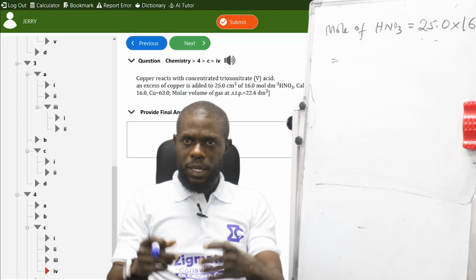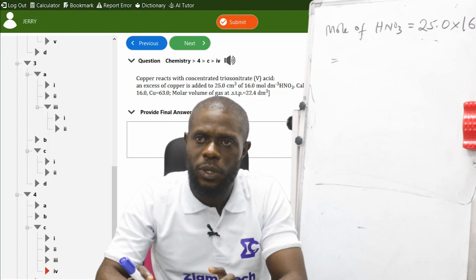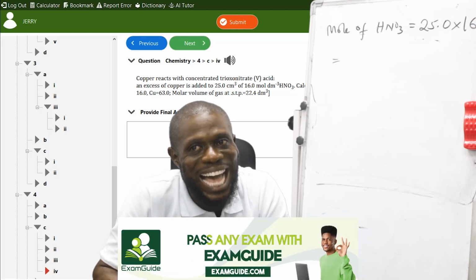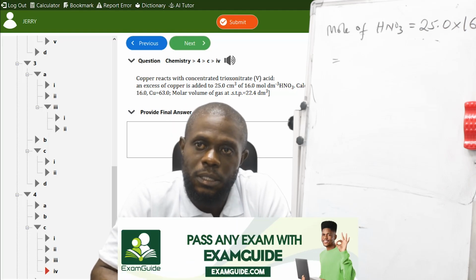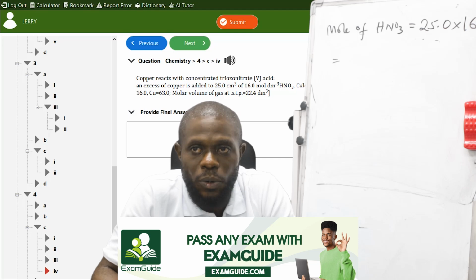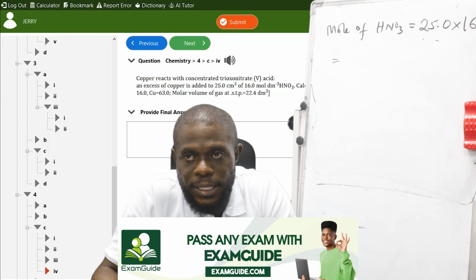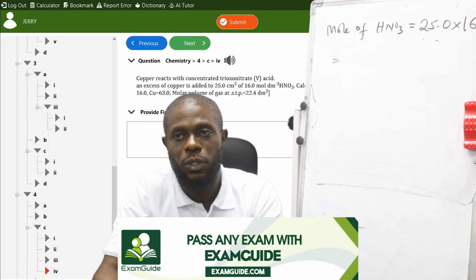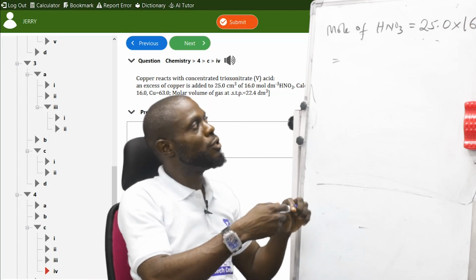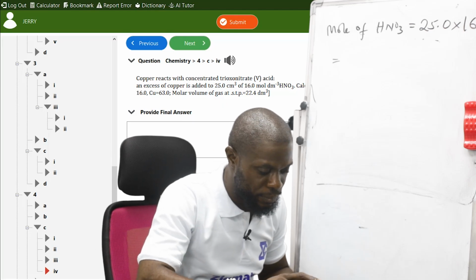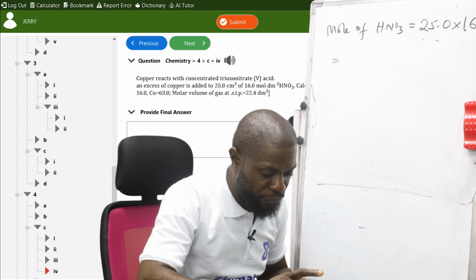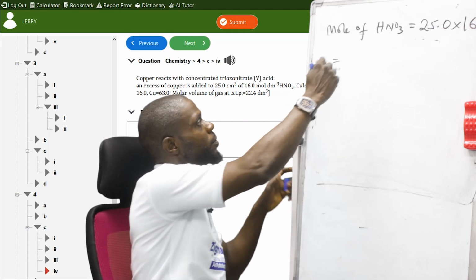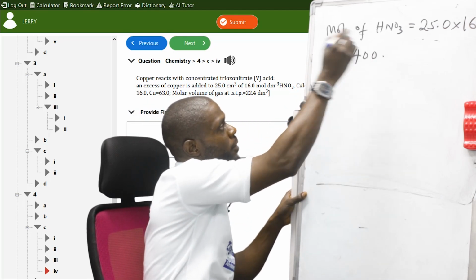They say copper reacts with concentrated trioxonitrate 5 acid and excess of copper is added to 25.0 of this. So the main mole is 16 and 25 was added to it. So that means it will be 25 times 16. So 25 times 16 is equal to 400.